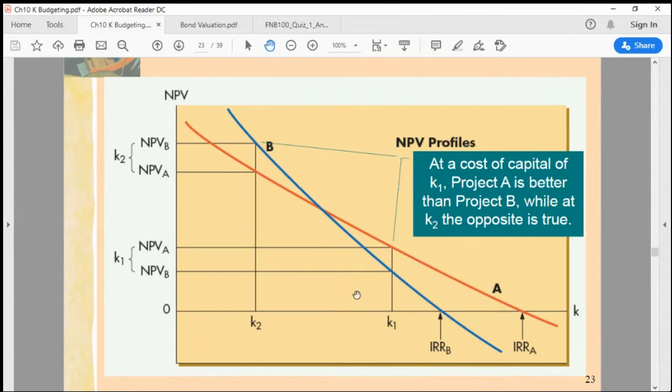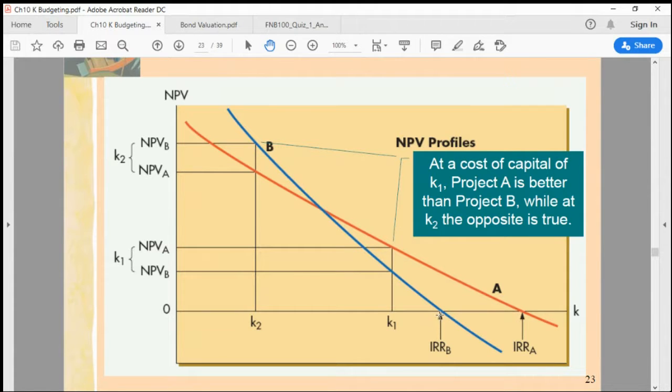And if the cost of capital is this, right? Net present value of project B is 0. If the cost of capital is this, net present value of project A is 0, right?